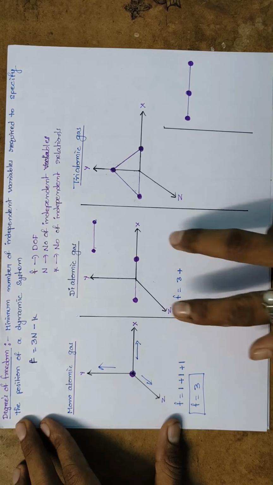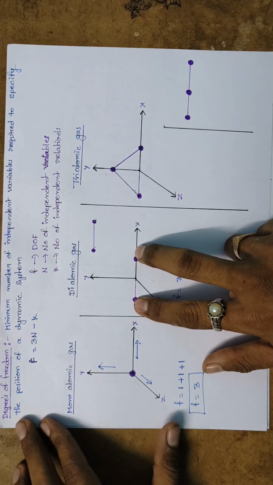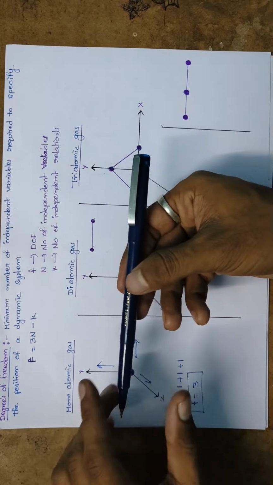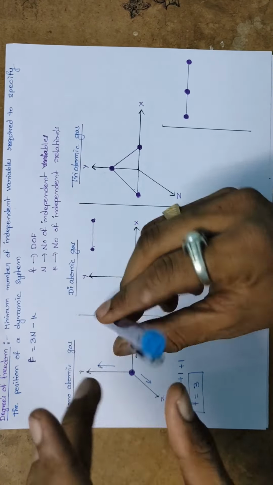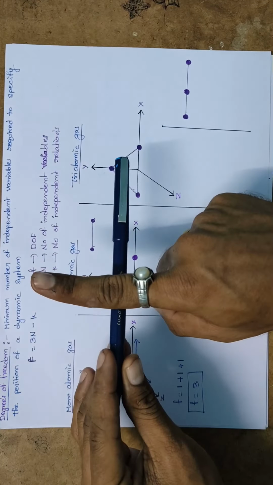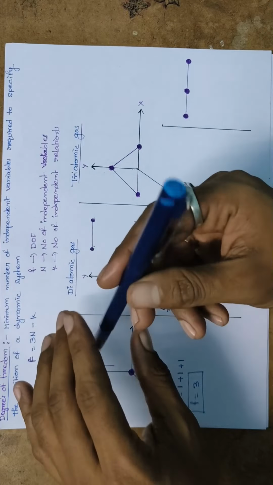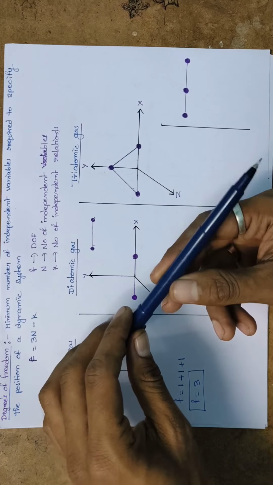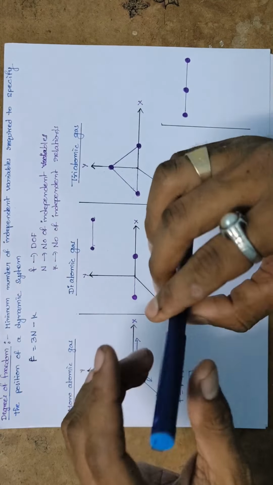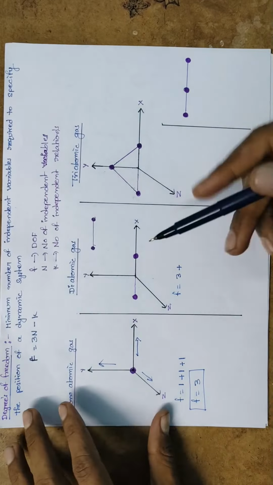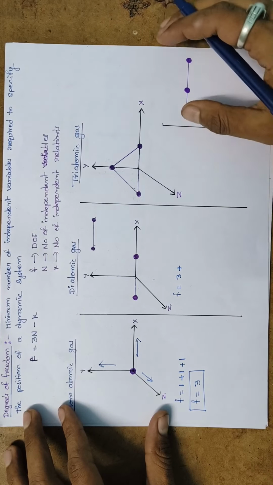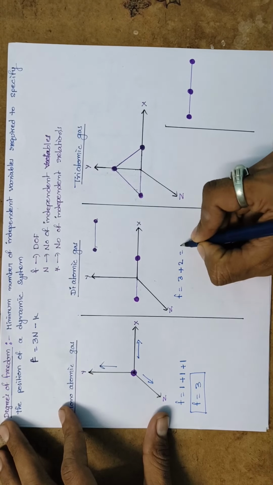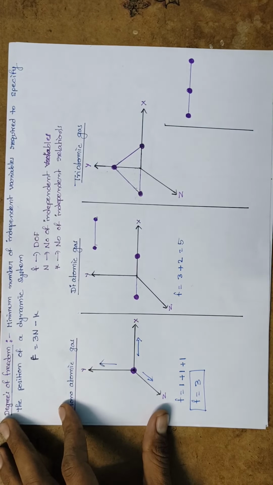Plus, suppose these two particles are fixed exactly along x-axis, then the two particles will rotate along y-axis direction, as well as along z-axis direction. Therefore 2 rotational degrees of freedom are also possible. So 3 plus 2 is equal to 5 degrees of freedom.